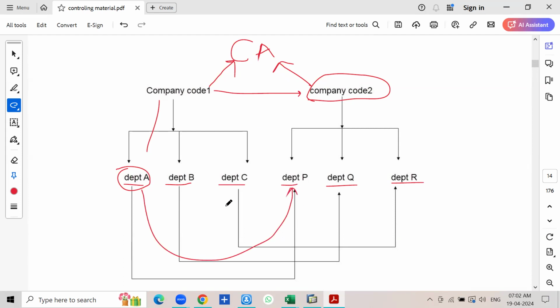Similarly, we can compare Department B of company code 1 with Department Q of company code 2, and Department C of company code 1 with Department R of company code 2. Intercompany comparison we can do, intra-company comparison also we can do. That is the advantage of cross-company code cost accounting.